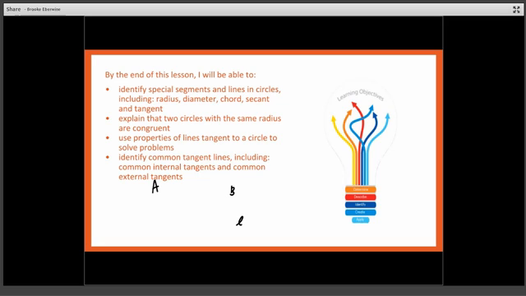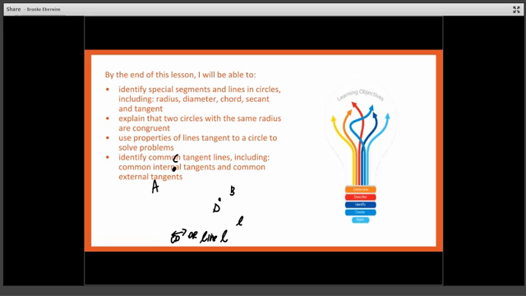We can say this is CD. So we see our common internal tangent intersecting the segment connecting the 2 centers of our circles is our common internal tangent line CD, or we can call it line L.